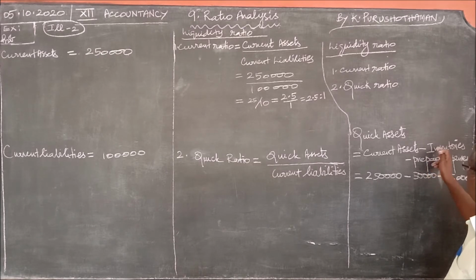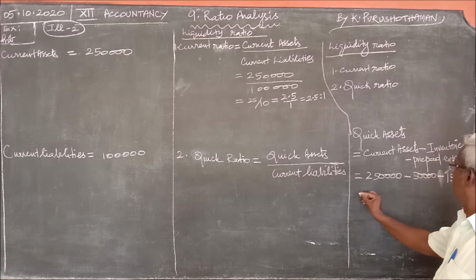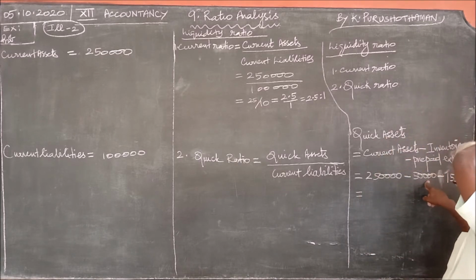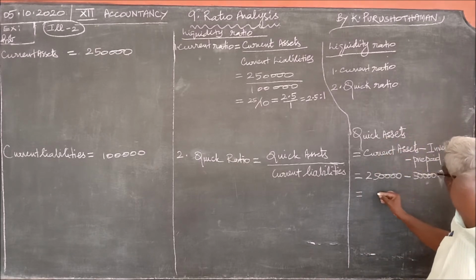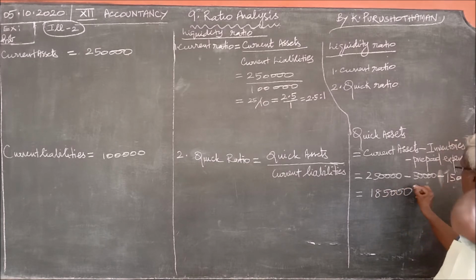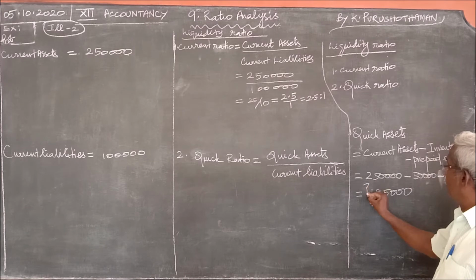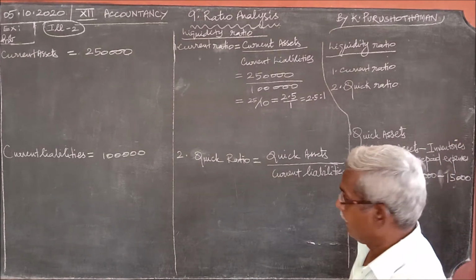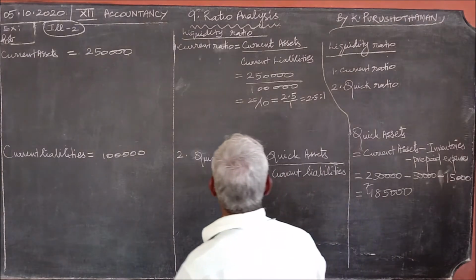If you minus these two items from current assets, we will get quick assets. So in this case what happens here? 50,000 minus, 15,000 minus. So 1,85,000. So we get 1,85,000 it is.